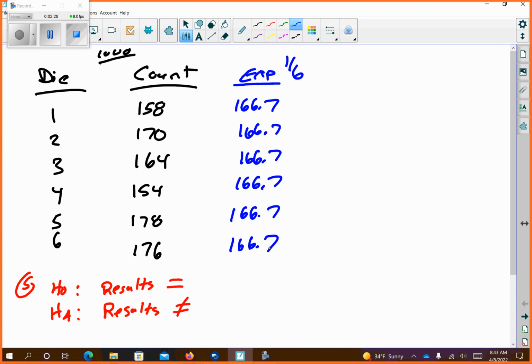So then remember our result that we're going to do. What was the equation to find this? Something squared.